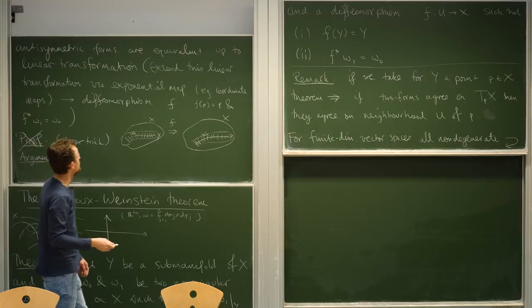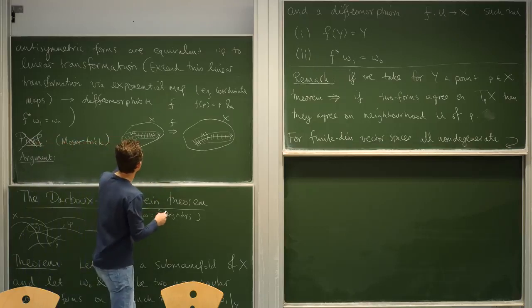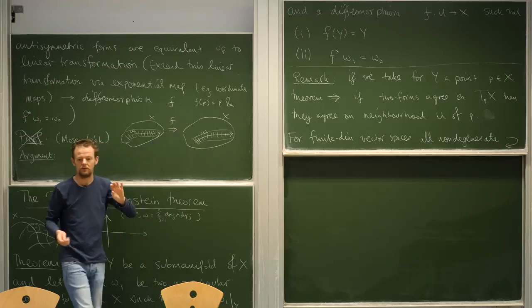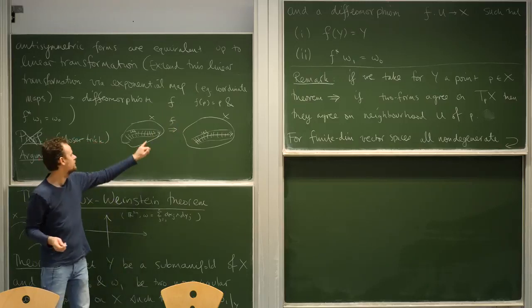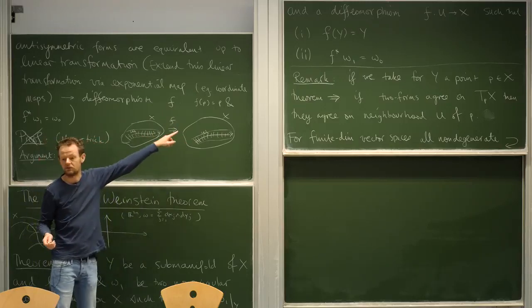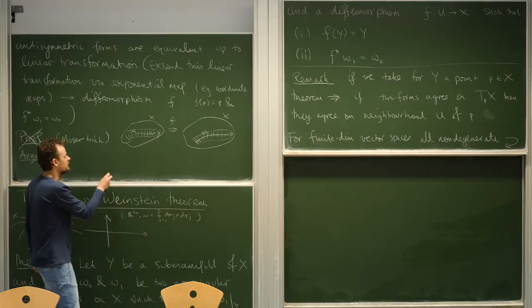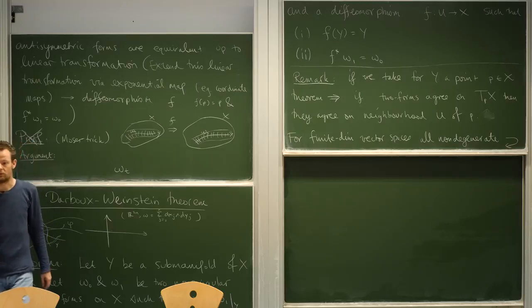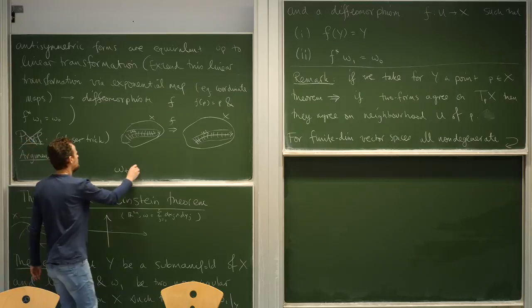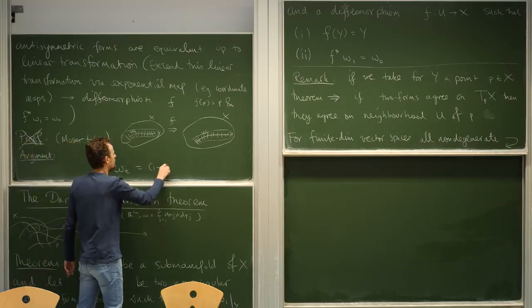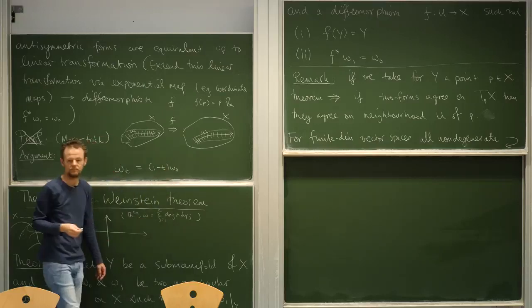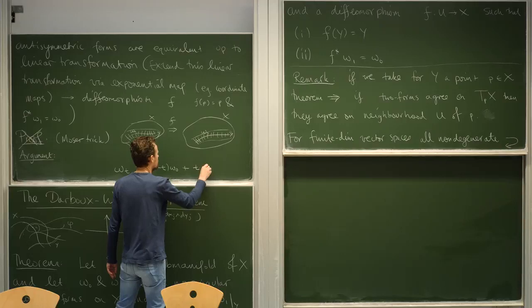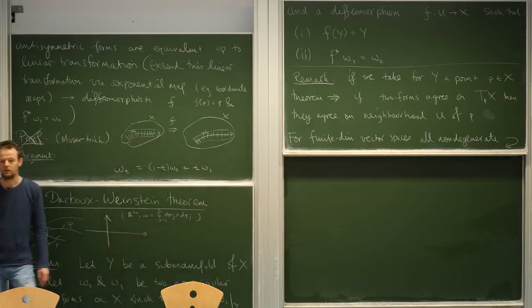And the idea of the Moser trick is to find this map by interpolating between these two non-singular closed two forms. So in the Moser trick, we build a non-singular closed two form omega t, which when t is 0 is omega naught, and when t is 1 it is omega 1.